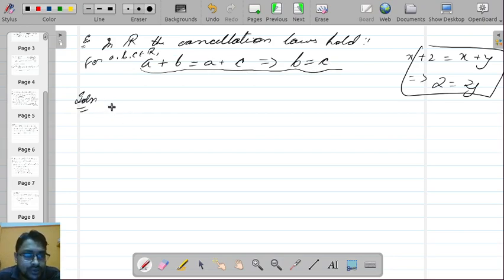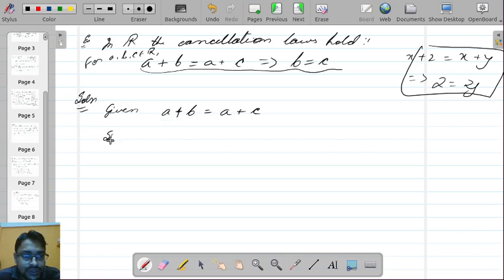So how do you do it? Given a plus b equal to a plus c. This is already given to us. What we can do is use the fact that this element a has its additive inverse.